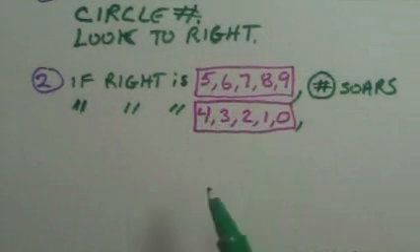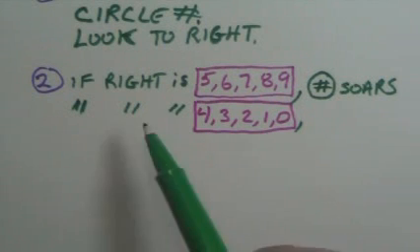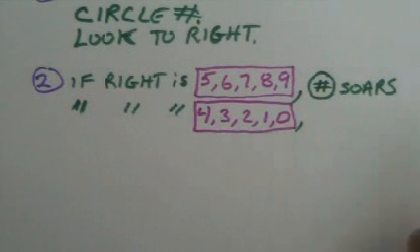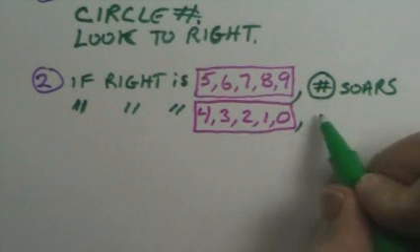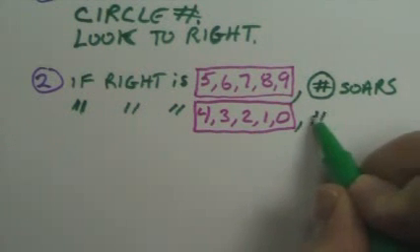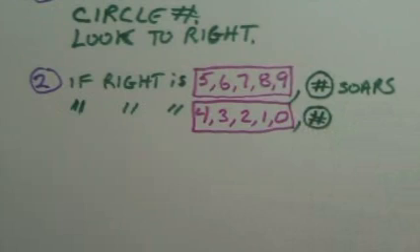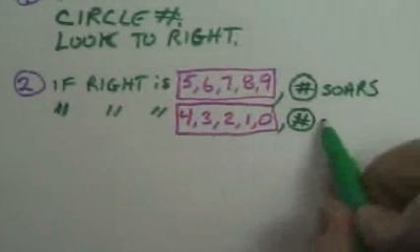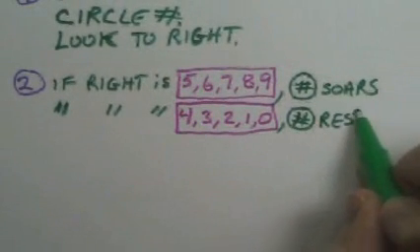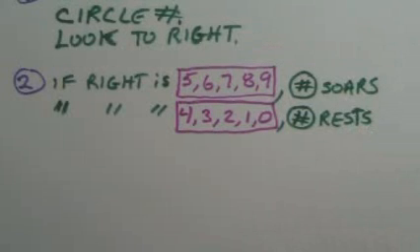In other words, 4 or less. If right is 4 or less, the circle number rests. It stays the same.